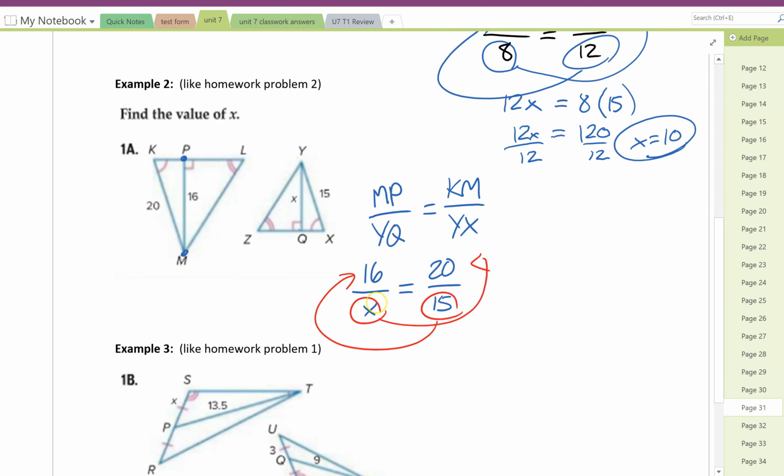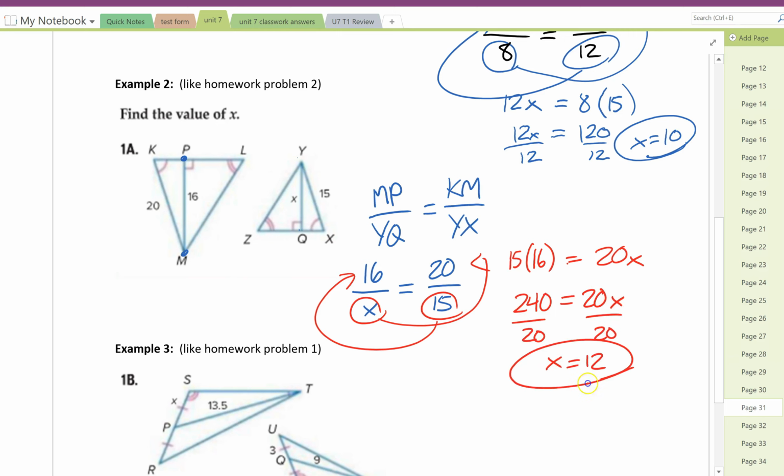X times 20 is just 20x. 15 times 16 on the other side. Well, it's 15 times 16, that is going to be 240 equals 20x. Divide by 20. X is 12.